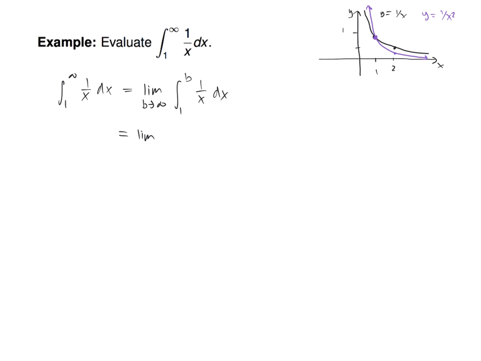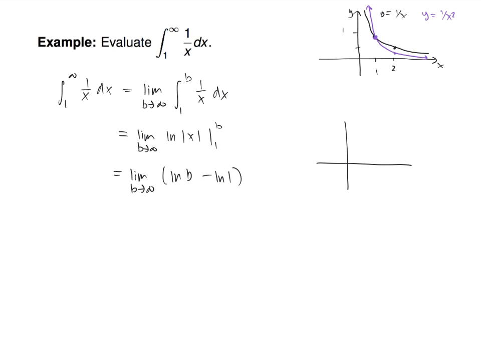Don't forget those absolute value bars, although in this case we only have positive x's, so it's probably not as important. So you have the limit as b goes to infinity of natural log of b minus natural log of 1.